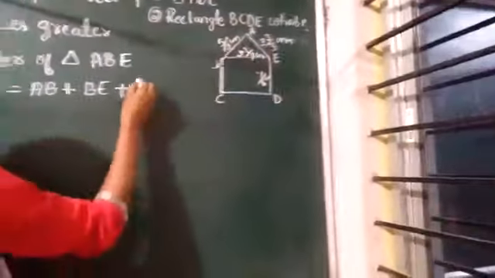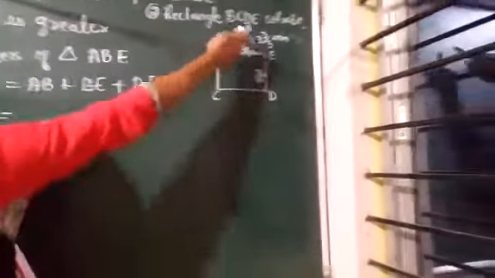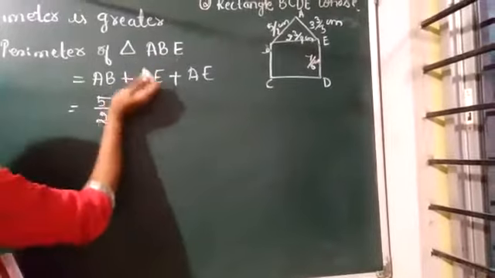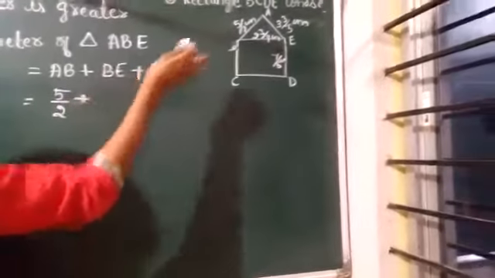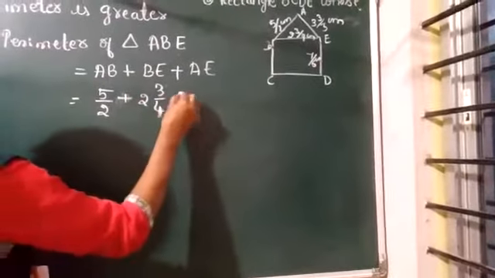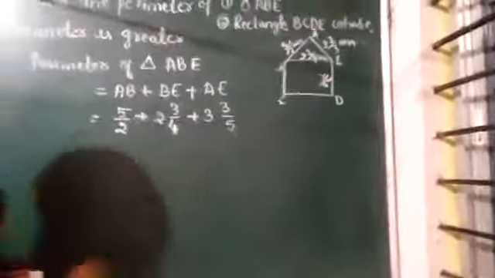Then what is AB? AB is equal to 2 5 by 2 centimeter, BE is equal to 3 3 by 4 centimeter, plus AE is equal to 3 3 by 5 centimeter.